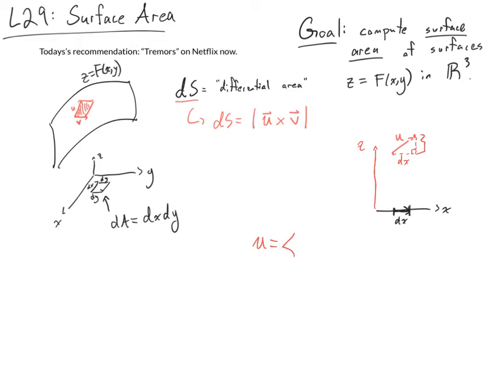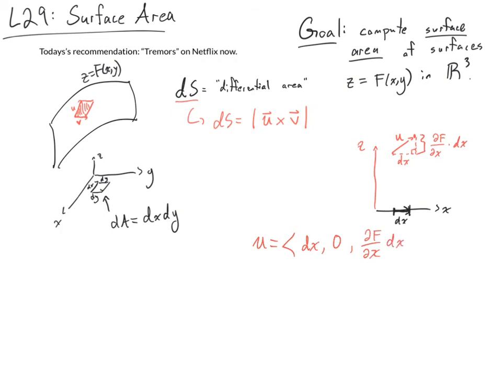It's a tangent line, it's a derivative, it's a partial derivative. So we'll write this as df/dx dot dx. It's kind of like the amount that f is going up as you walk in the x direction. This is how we define partial derivatives. So u's x component is dx. Its y component is 0. y is not even in this picture. It's not even moving in that direction at all. And the z direction is df/dx times dx.